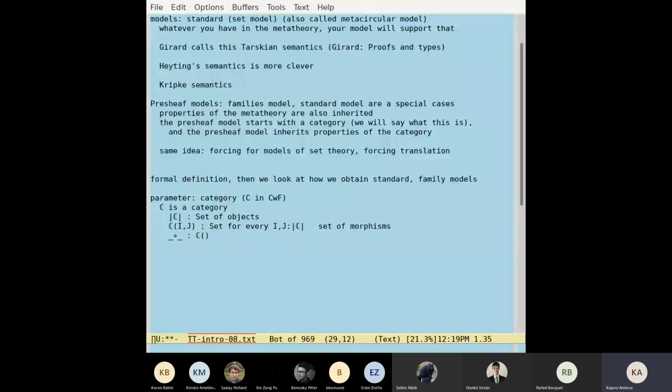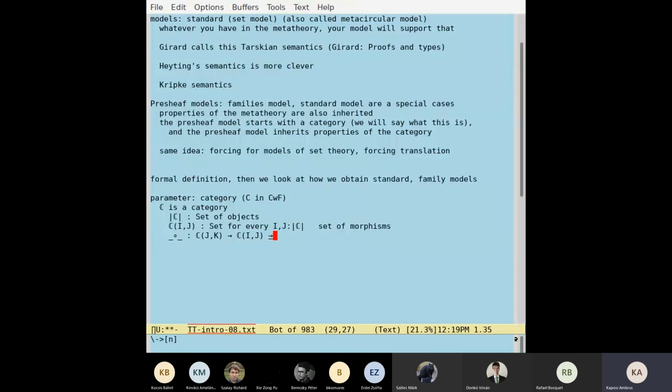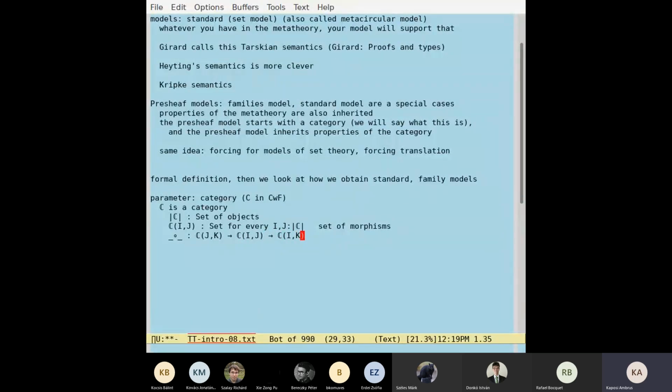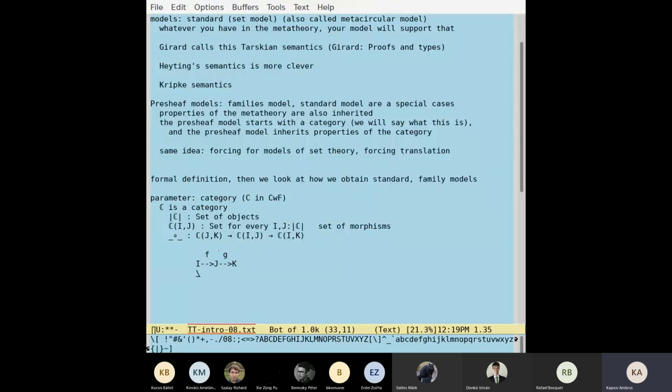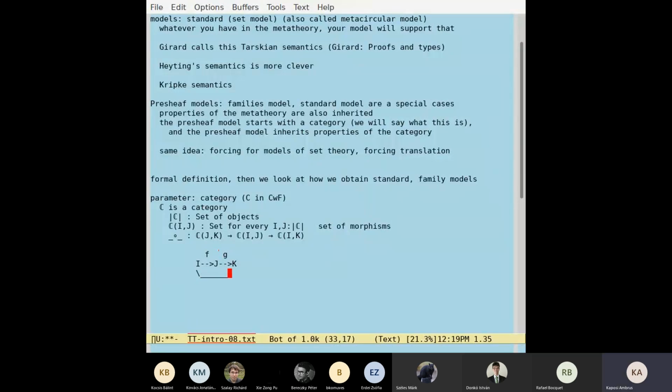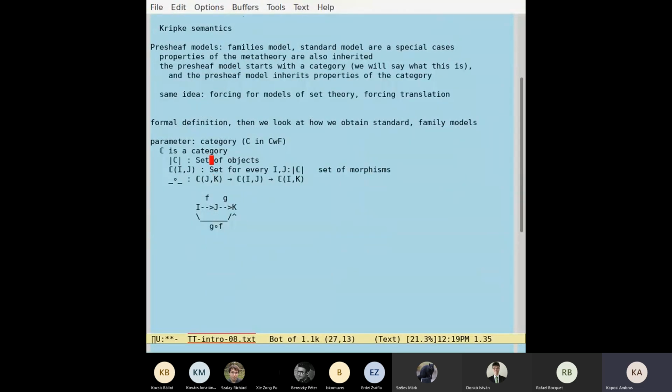And then we can compose these morphisms. If I have a morphism from J to K, and I also have a morphism from I to J, then I get a morphism from I to K. You can depict it like this: if there's a morphism F from I to J, and another morphism G from J to K, then I get a morphism from I to K, which I denote G compose F, as usual with functions.